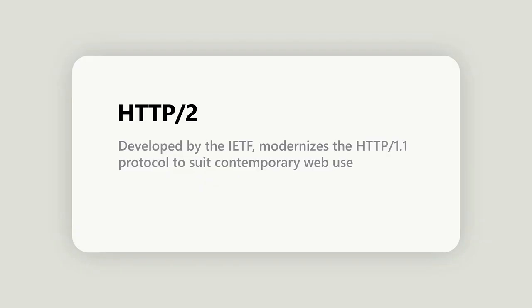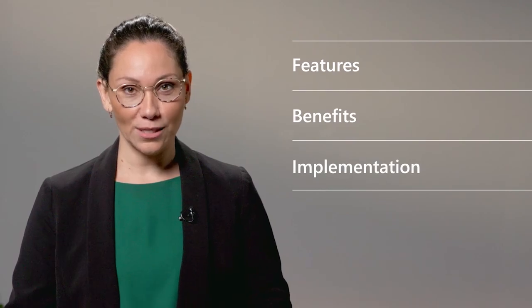It improved the HTTP 1.1 protocol standard to better adapt to modern web usage patterns. This protocol, which is the backbone of data communication on the World Wide Web, has undergone several transformations since its inception. This video will explore the inception of HTTP/2, its features, benefits, and implementation aspects.